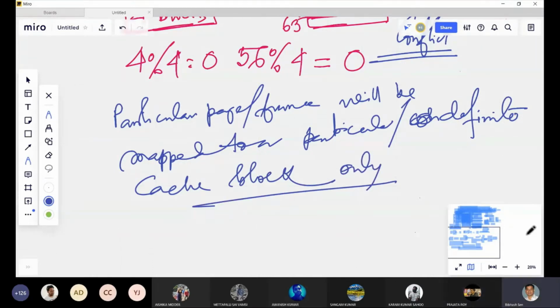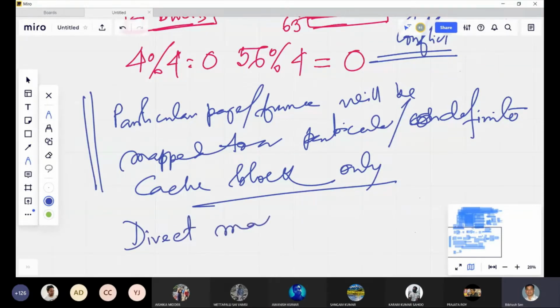Am I correct on this point? If your hardware is configured in such a way, this is nothing but, generally, what is called direct mapping.